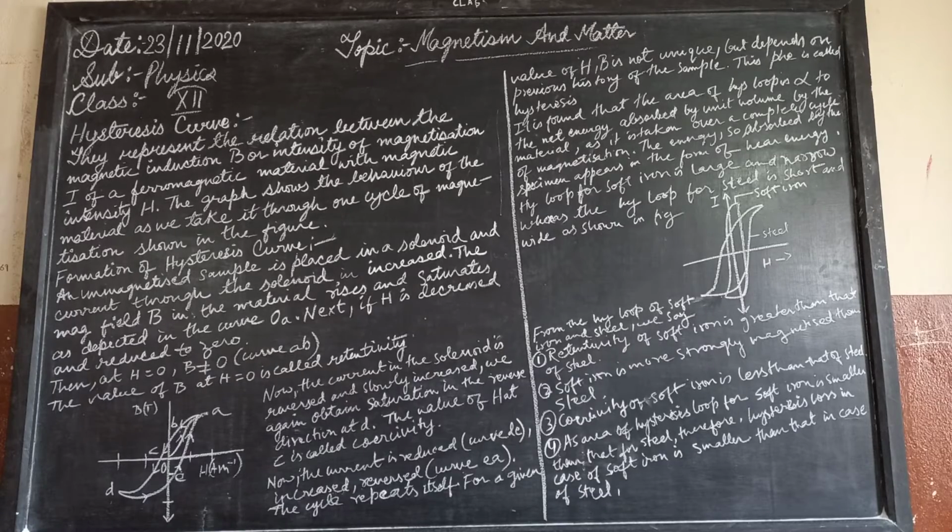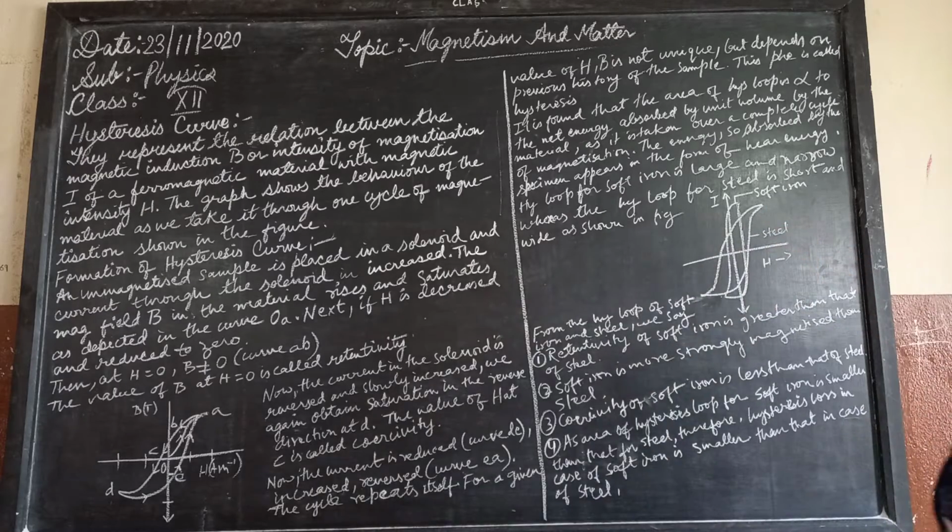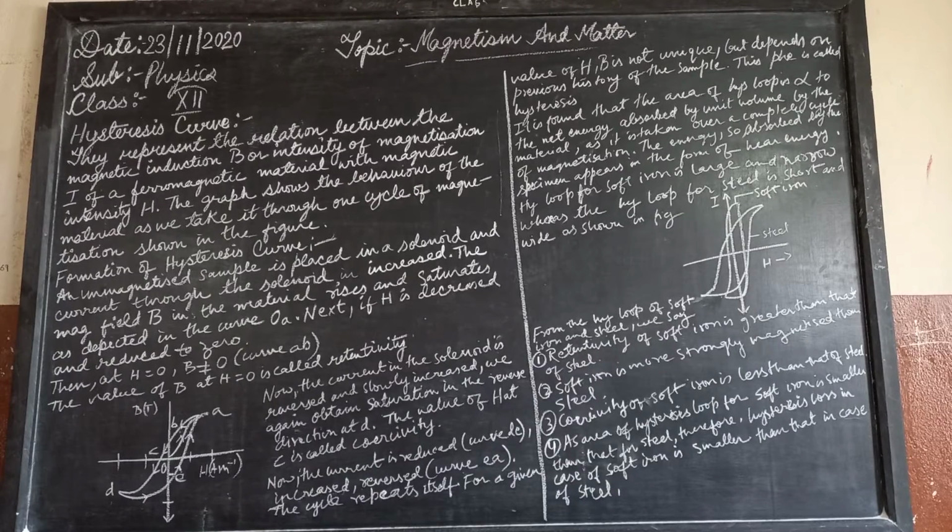The hysteresis loop for soft iron is tall and narrow, while the hysteresis loop of steel is short and wide. From the hysteresis loops of soft iron and steel, we can say the retentivity of soft iron is greater than that of steel.